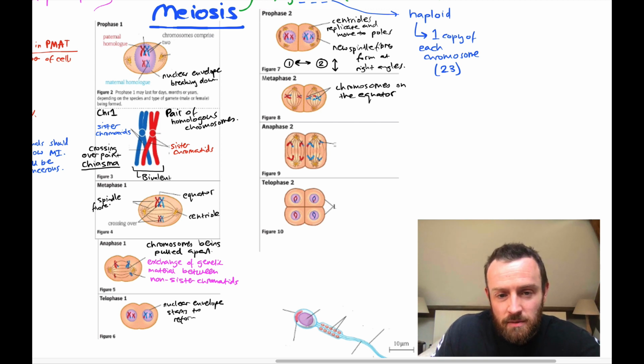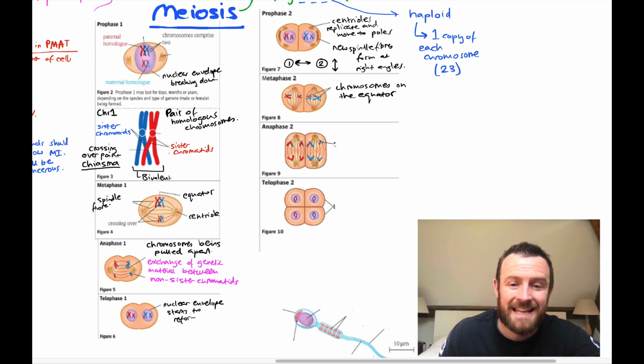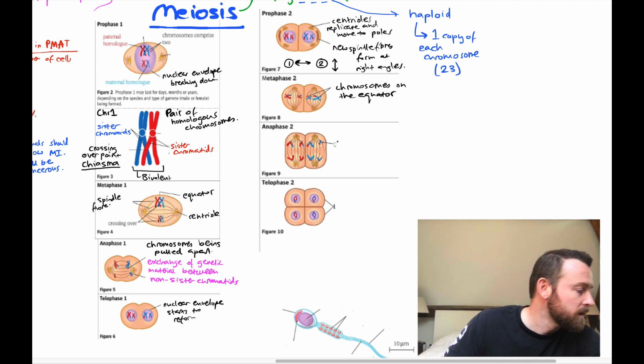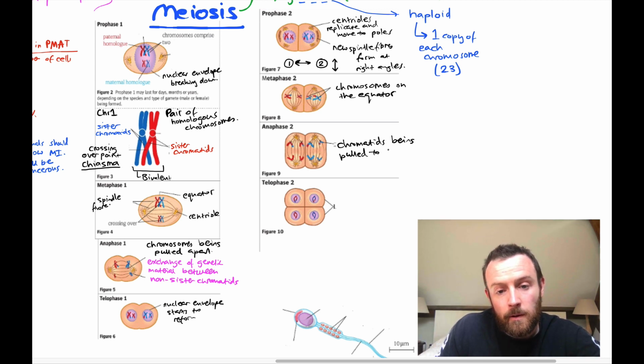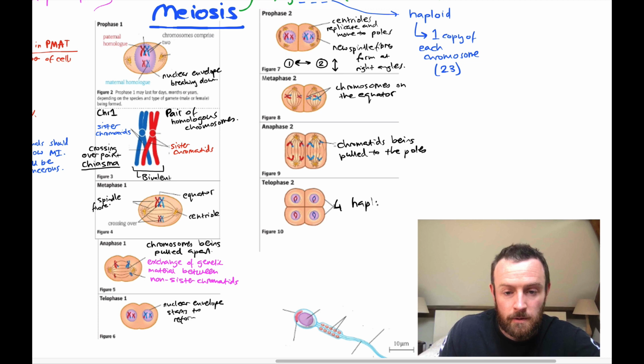So each of those chromosomes is subtly different. Here we have anaphase, so now we have the chromatids being pulled to the poles. And then we've got 4 haploid gametes produced.